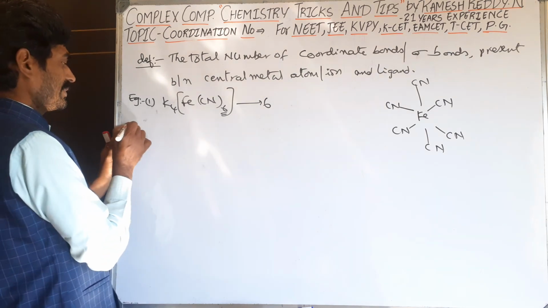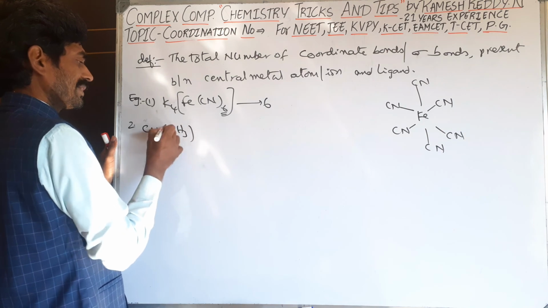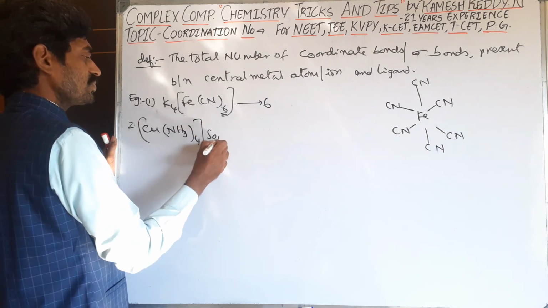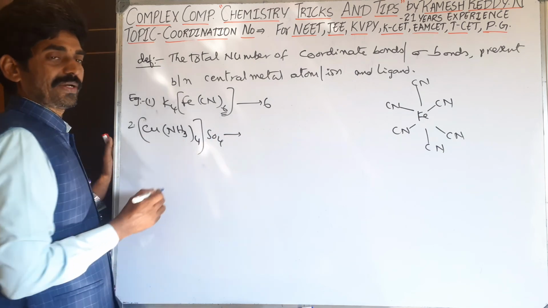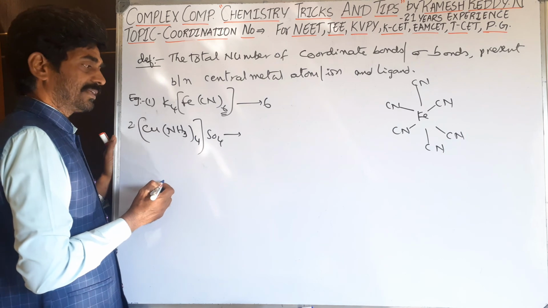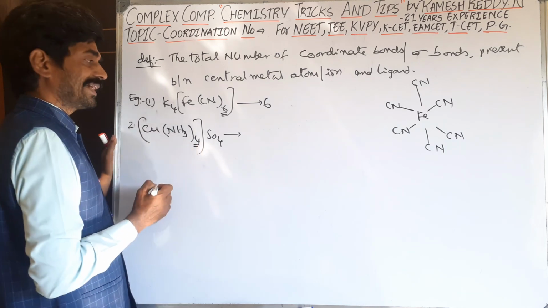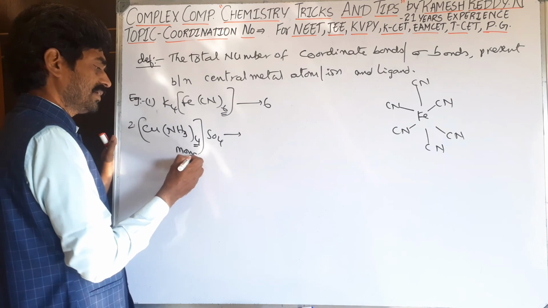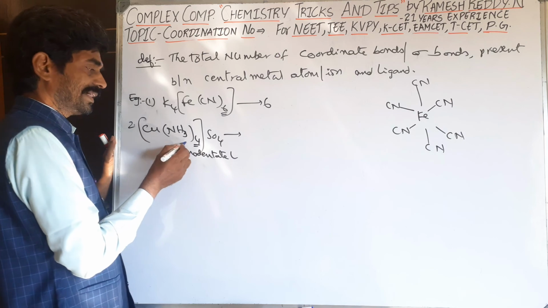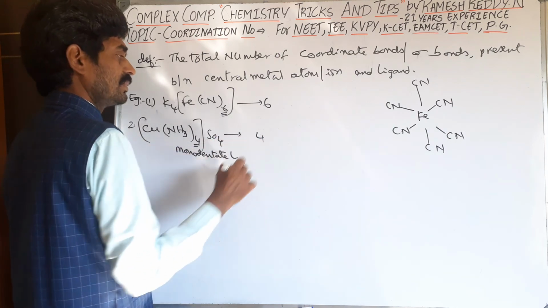Got it? Next, another example: Cu(NH3)4 SO4, cuprammonium sulfate. Here the central metal atom is copper, NH3 is the ligand and sulfate is the counter ion. NH3 is a monodentate ligand, and four are there, so they can form four coordinate bonds, right?